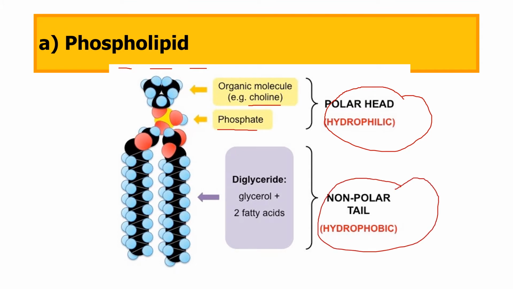They become non-polar due to the presence of two fatty acids. These two hydrophobic tails are composed of diglyceride, which means one glycerol and two fatty acids. These fatty acids cause the two tails to become hydrophobic or non-polar.